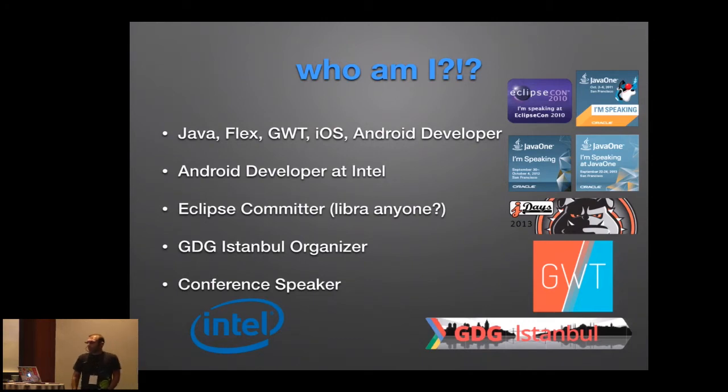Then I moved to mobile stuff and did some stuff with iOS, later Android. Currently, I'm working at Intel as an Android developer, although this talk is nothing about my daily job at Intel. It's mostly about my previous experience. I'm an Eclipse committer. I organize GDG Istanbul and try to attend conferences.